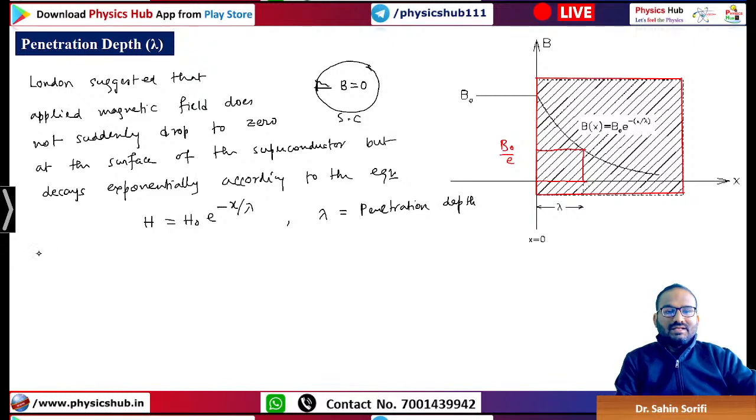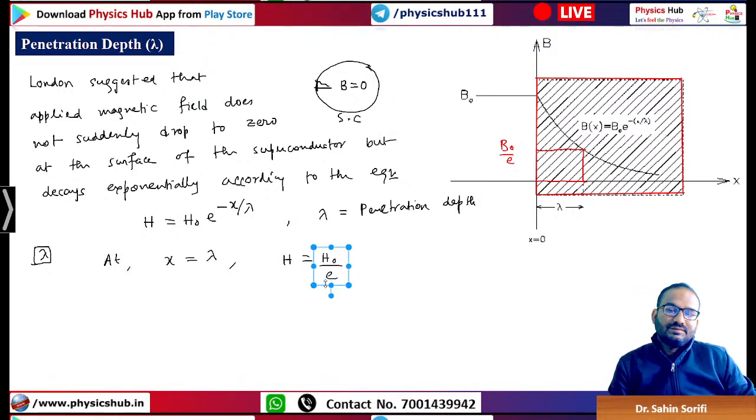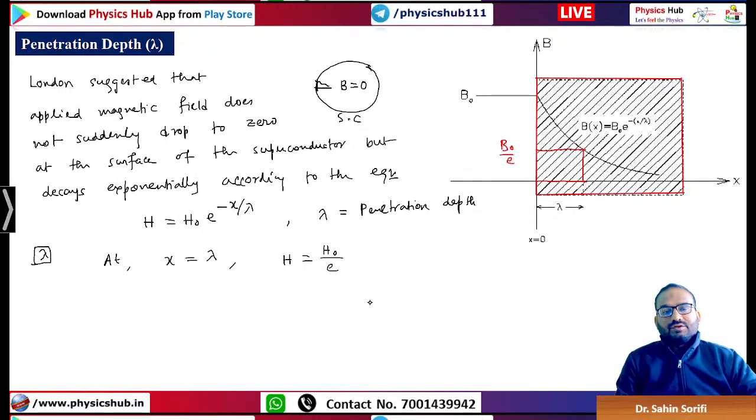To find out lambda, you can easily do this. If you put x equal to lambda, H is equal to H naught e to the power minus 1, so H naught by e. From this we can define the penetration depth.